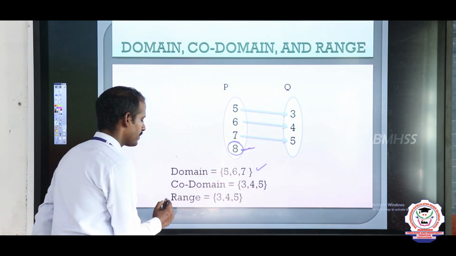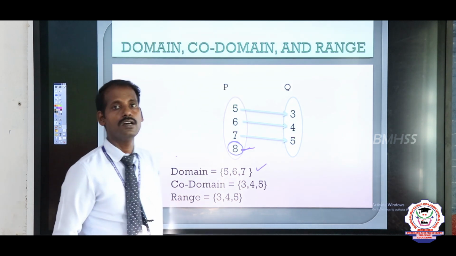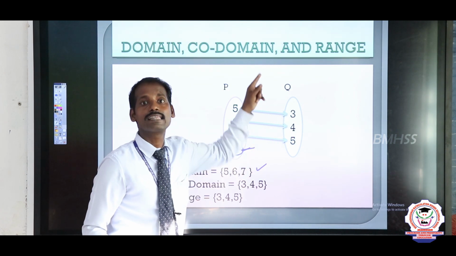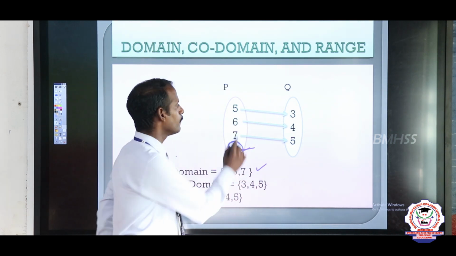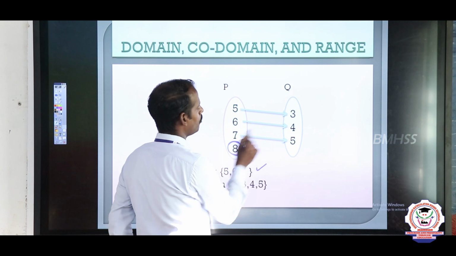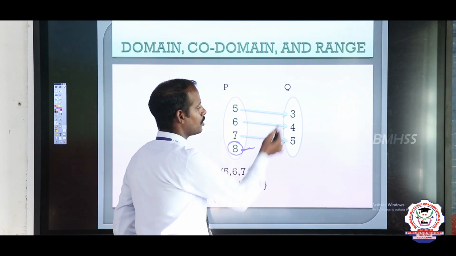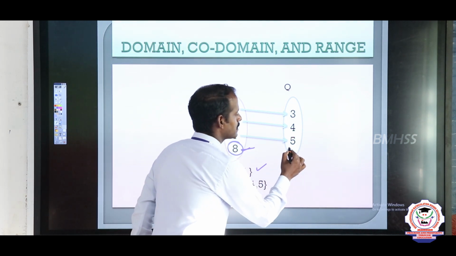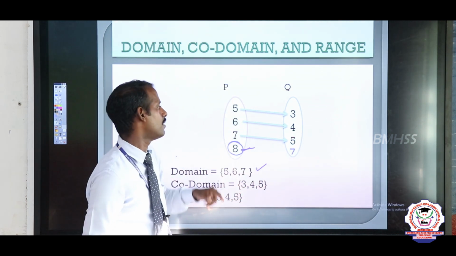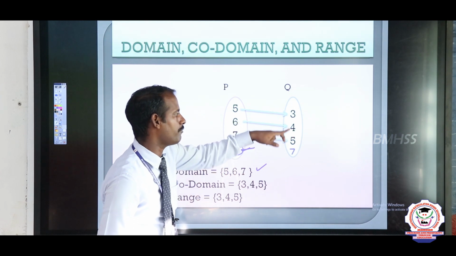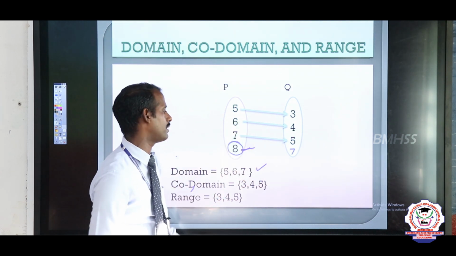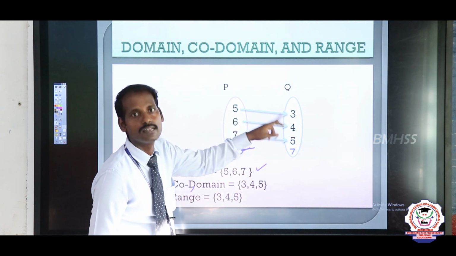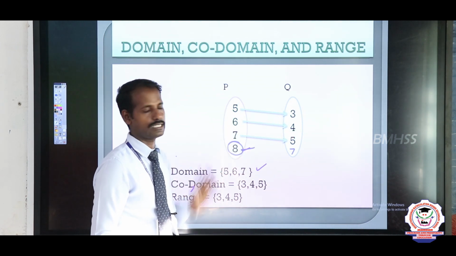Another example, here range. What is range? Only the elements that are related are the range. Here 5 relates to 3, 6 relates to 4, 7 relates to 5. So 3, 4, 5 is the range. If there is also a 7 in Q that is not related, then the codomain is 3, 4, 5, 7, but the range is only the elements that are related.